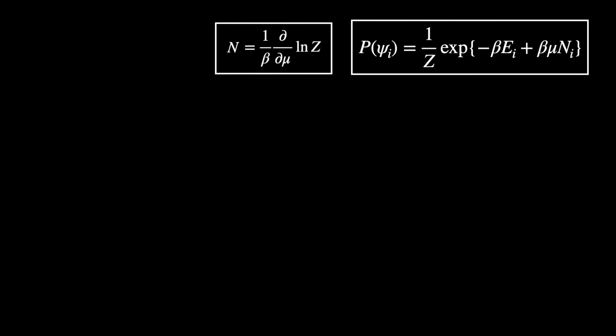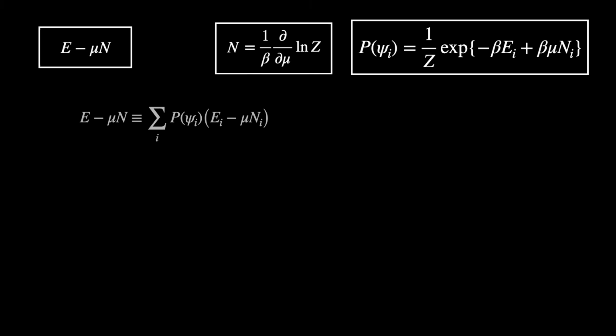Next, let's try and derive the average value of E minus μN. This quantity is chosen simply for convenience. Knowing it together with N from the previous example, we can easily get the average energy E. As before, this is defined by taking the average of Ei minus μNi with the Boltzmann distribution.